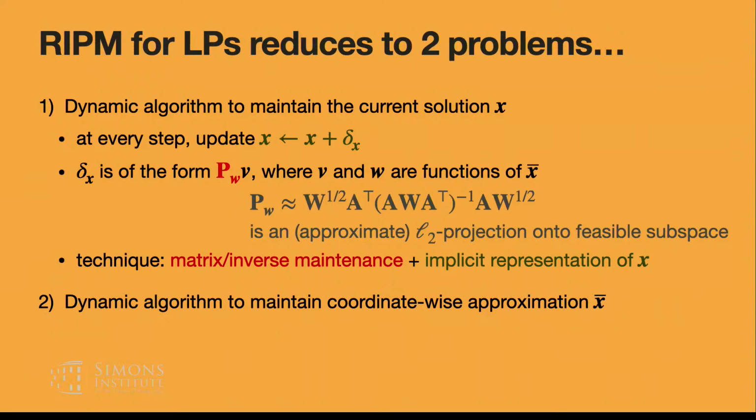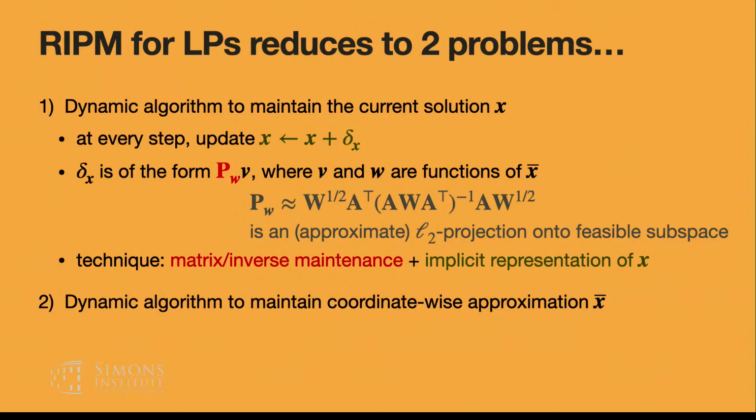The second technique is that at every step we update x by a step, but we don't want to explicitly compute every coordinate of this update. So we'll have an implicit representation of x. This also means that at every step it's not easy to just get all the information you want out of the current solution x. So we have to be clever about what information we actually need from x and when we want to be able to access everything.